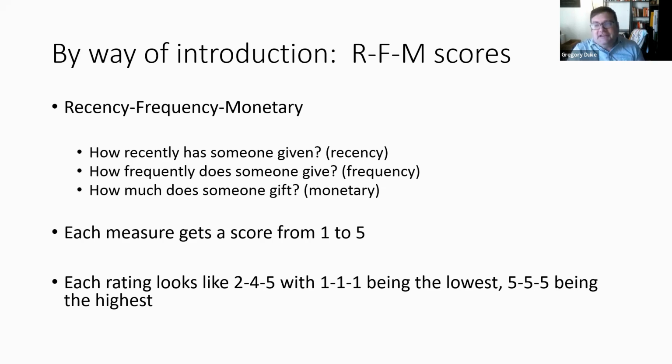And we don't add these scores together because each of these scores has its own significance. So we actually rate someone by their recency-frequency-monetary, with 1-1-1 being the lowest and 5-5-5 being the highest.